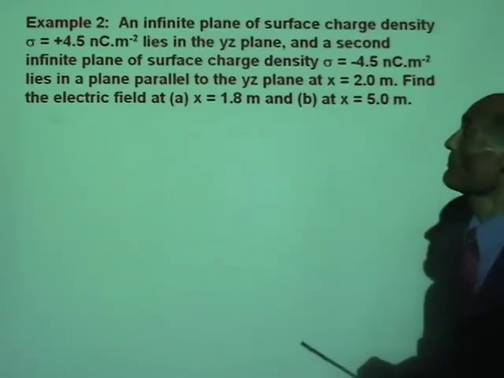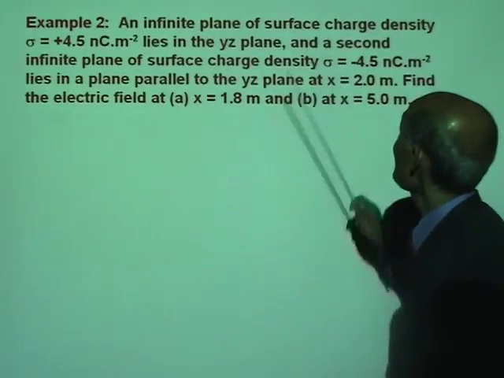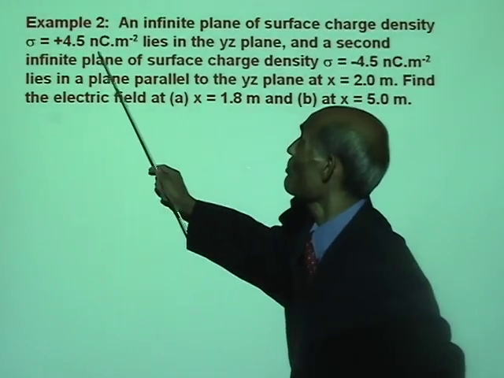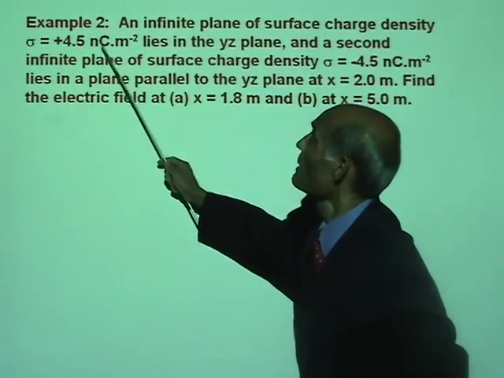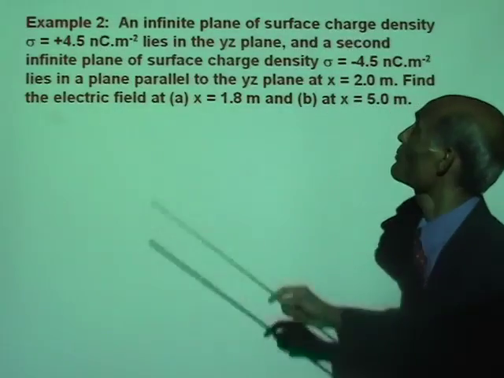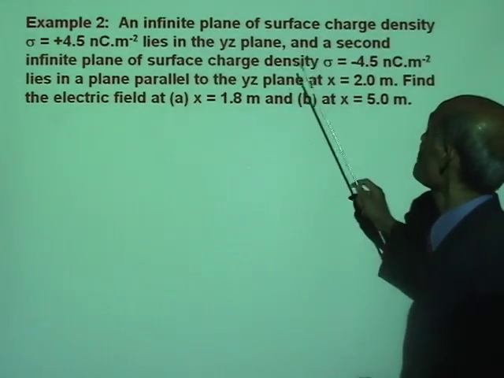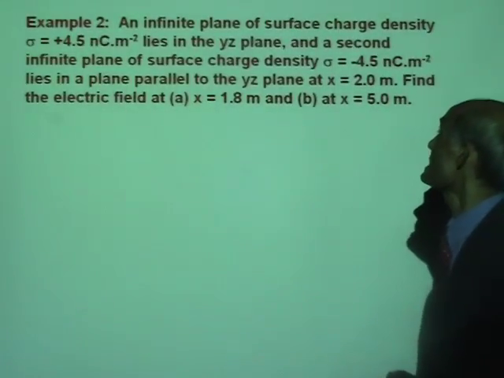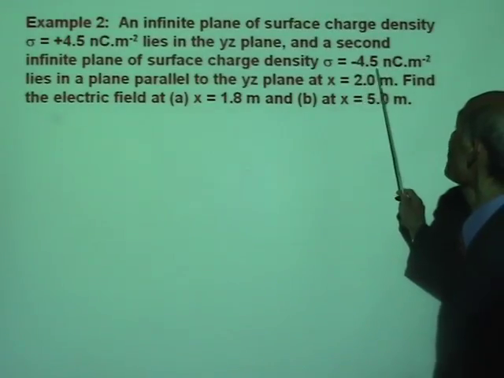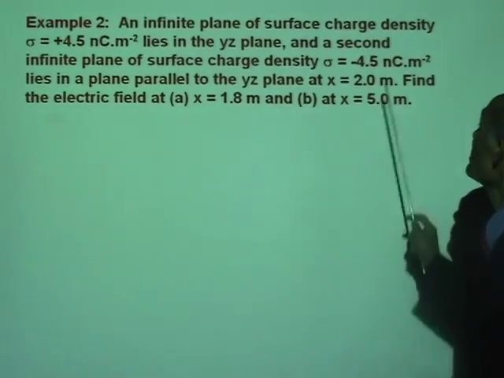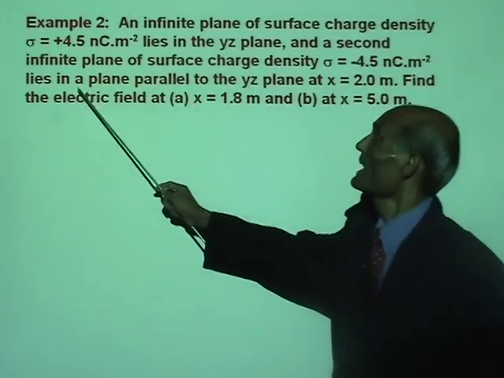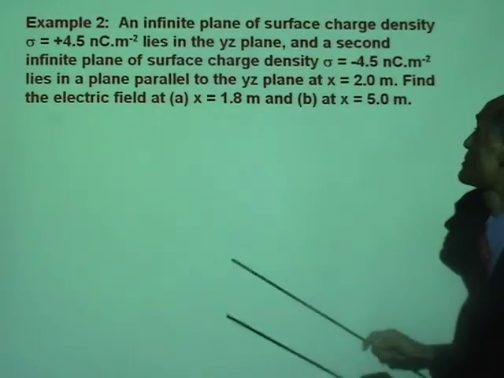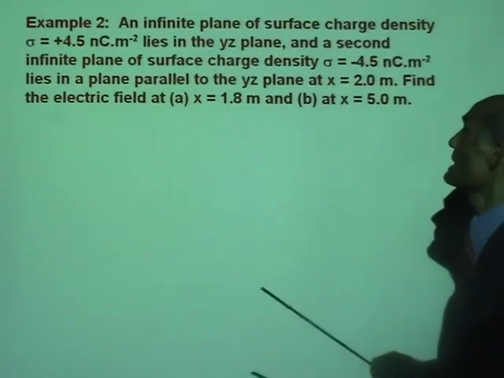Let's do another problem. An infinite plane of surface charge density sigma equal to positive 4.5 nanocoulomb per meter square lies in the YZ plane, and a second infinite plane of surface charge density sigma equal to negative 4.5 nanocoulomb per meter square lies in a plane parallel to the YZ plane at x equal to 2 meter.